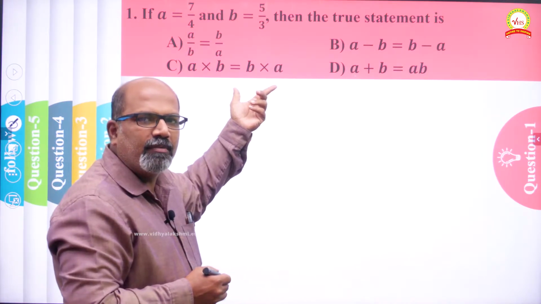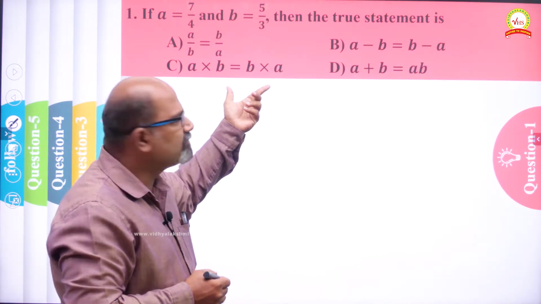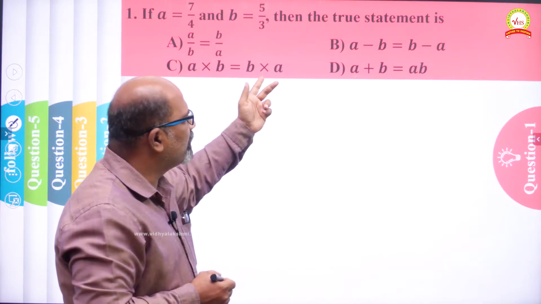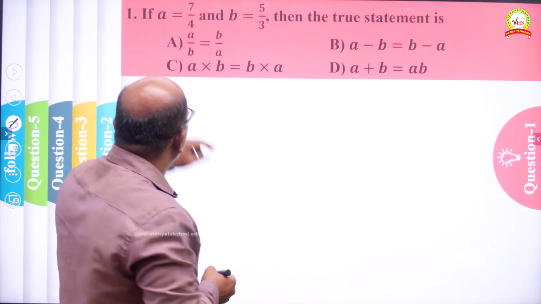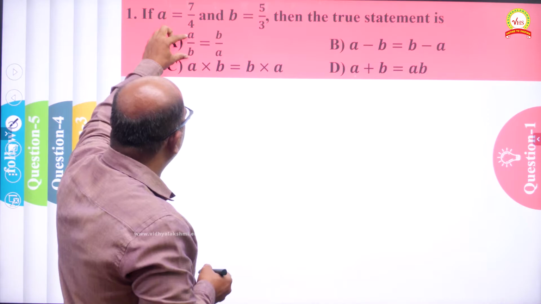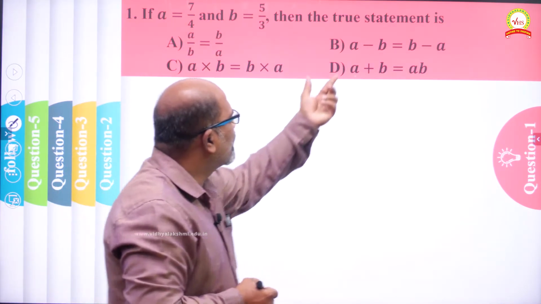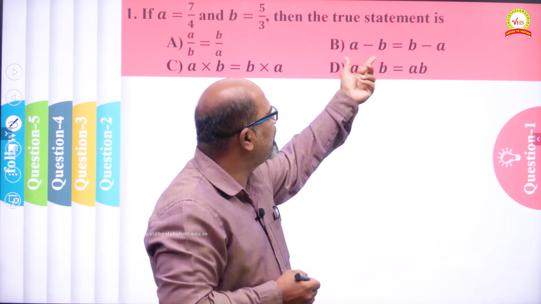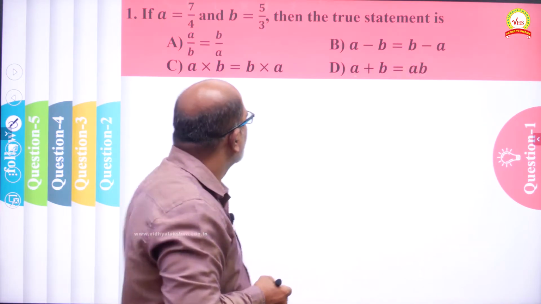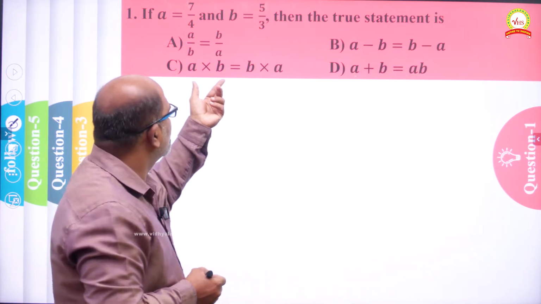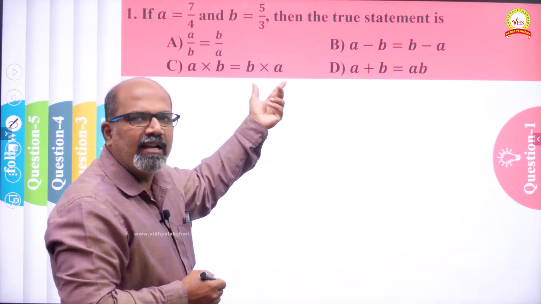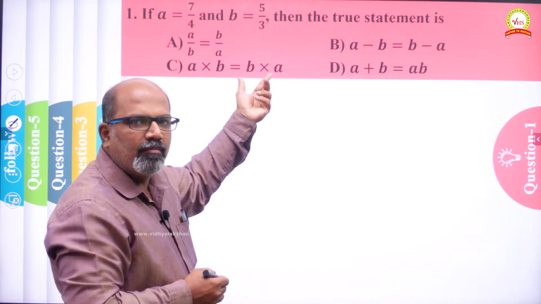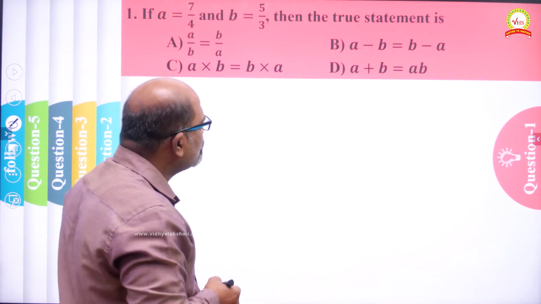This is the commutative property of multiplication, A into B equal to B into A. The order is reversed here, here also, and here also: A by B and B by A, A minus B and B minus A, and A multiplied by B on the left and B multiplied by A on the right-hand side.